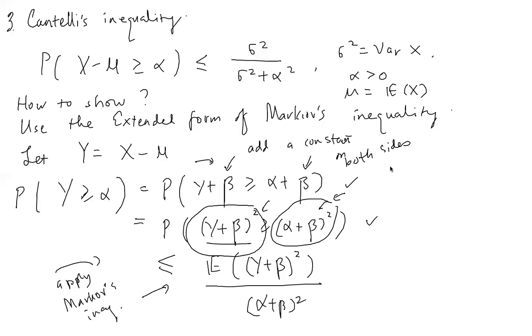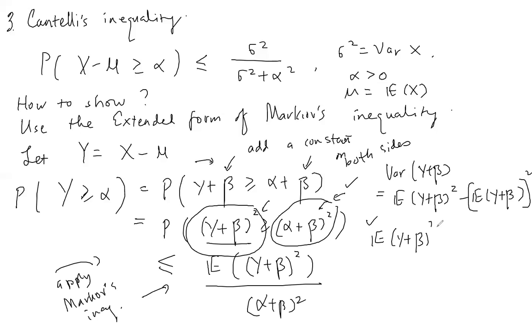Now to continue, we know the following: the variance of y plus beta is equal to the following, minus. Okay. So the expectation of y plus beta squared, the left hand side, is basically just the variance of y, because beta is a constant, so it disappears.